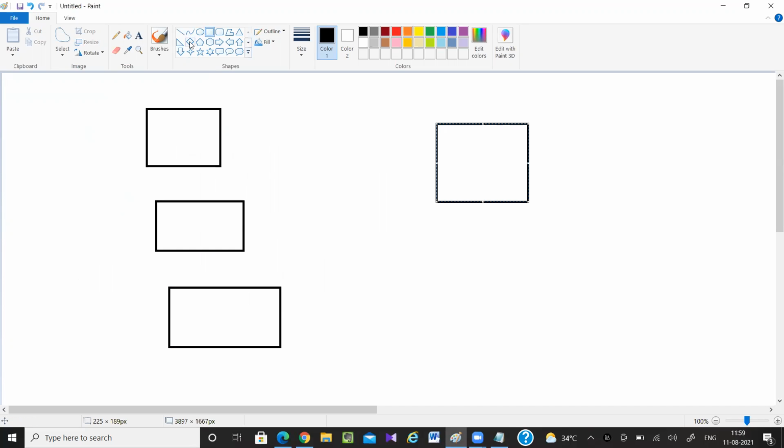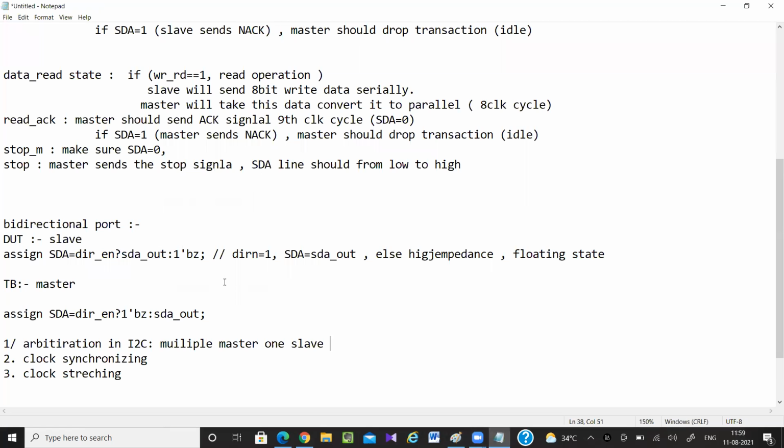So here what will happen? There will be one AND operation. A simple AND gate, and all the SDA lines will be connected to the AND gate. All the SCL lines also, the clock also. So here the simple arbitration technique is the AND gate.